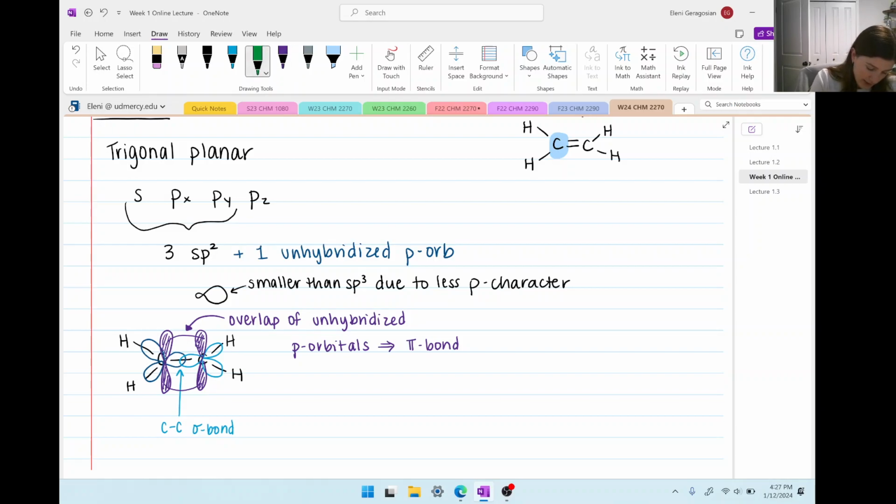And then let's not forget, we have 1s orbitals from hydrogen. And this overlap right between the two is the carbon to hydrogen sigma bond.